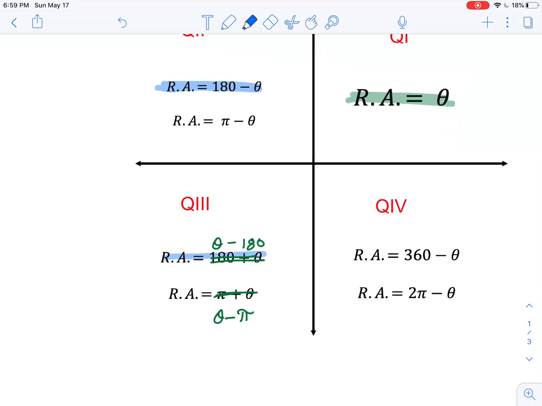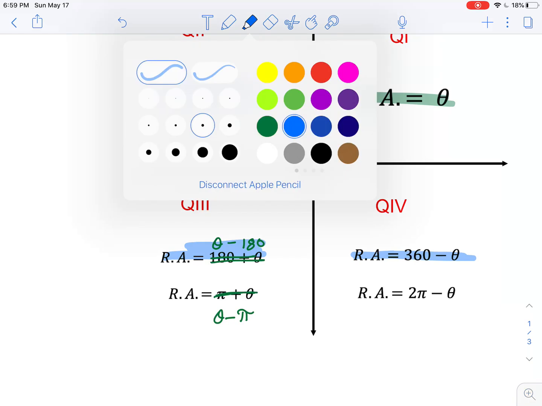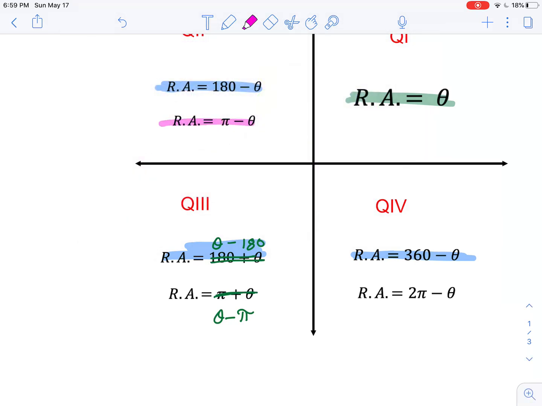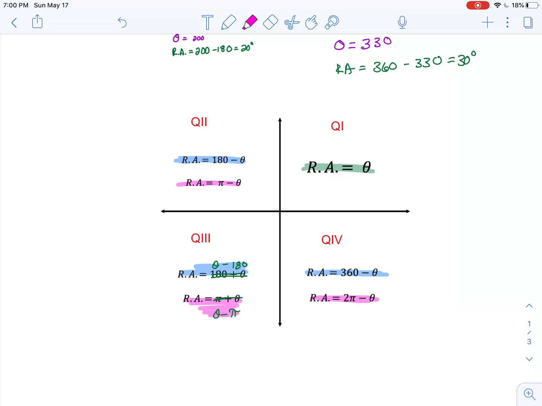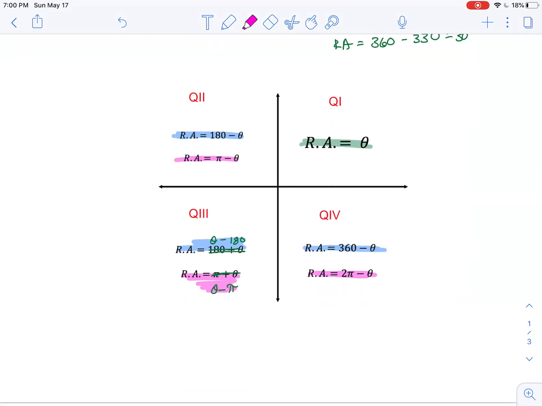So this is degrees in the third quadrant, and this is degrees in the fourth quadrant. Here we have radians in the second quadrant. Here is radians in the third quadrant, and here is radians in the fourth quadrant. So this is important to kind of refer back to. I would refer back to this all the time when you're trying to find your reference angles.